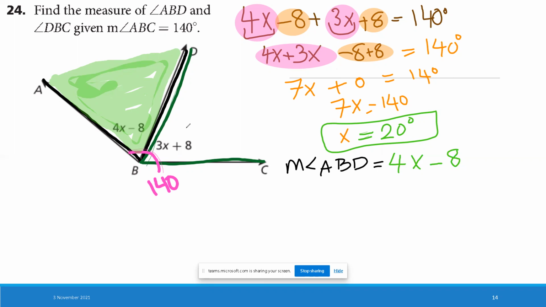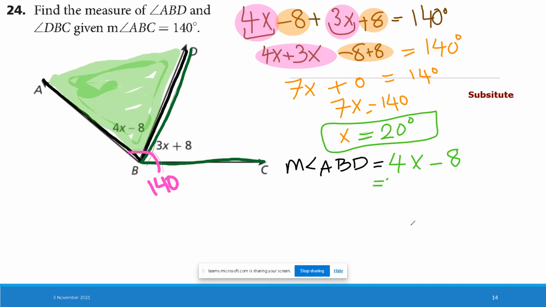Girls, every time after you find x, you have to substitute. That's it. Yalla, continue, Jury. Substitute x here. What's the value of x that you found before? Your friend told you that x is 20. So how will you find ABD? You have to substitute x with 20. Is it right?